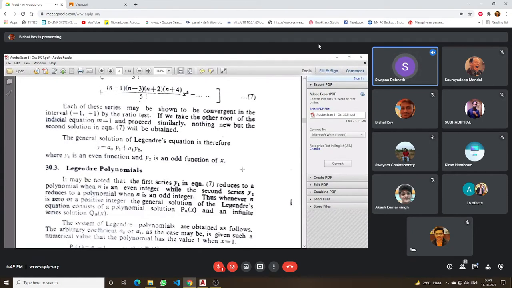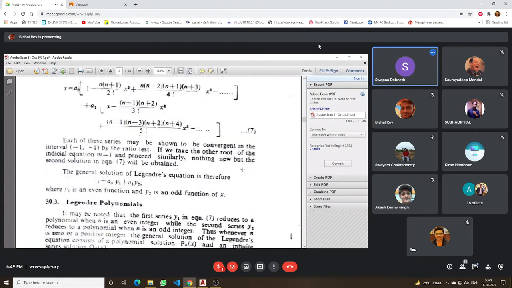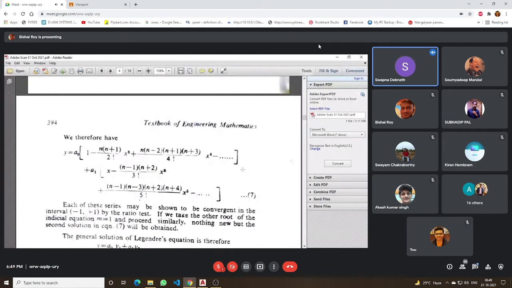Now come to the equation 7 again. This is the solution. You see that for the first term, a0 is equal to n into n plus 1 plus n into n minus 2, n plus 1, n plus 3, etc. Therefore if n is equal to 2, 4, etc., even number, then we see that after a certain term it stops.